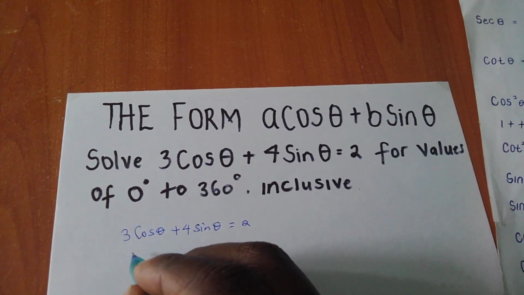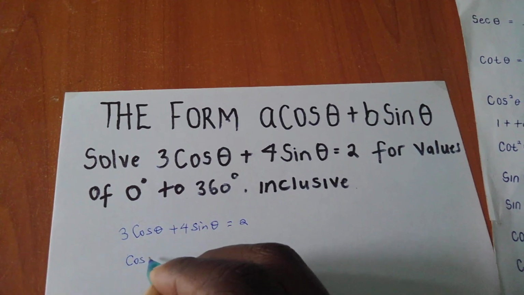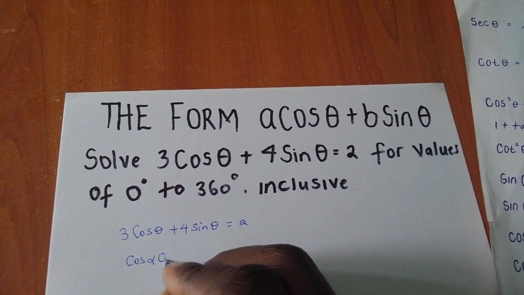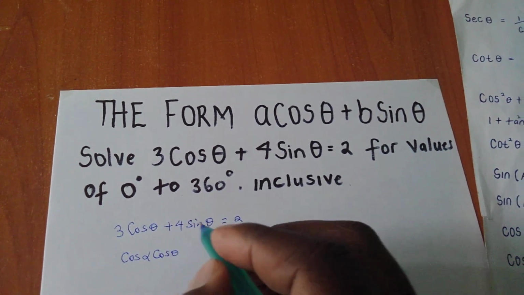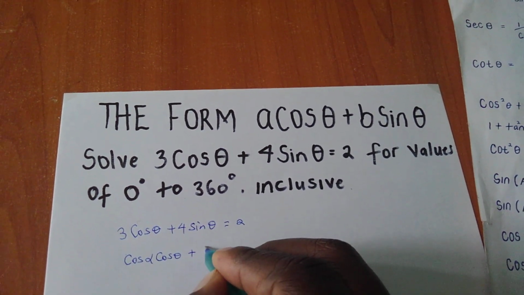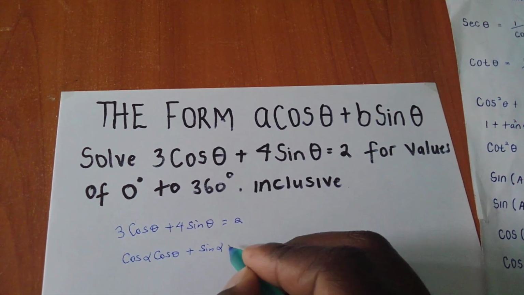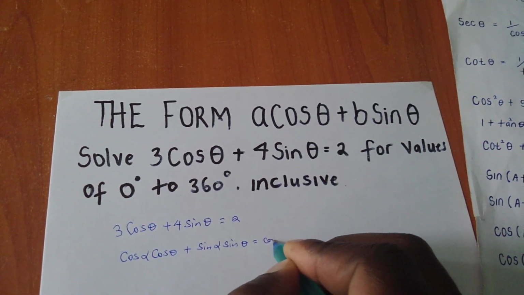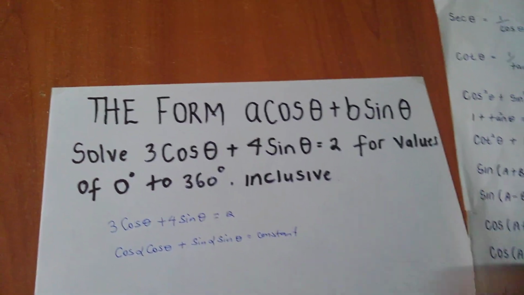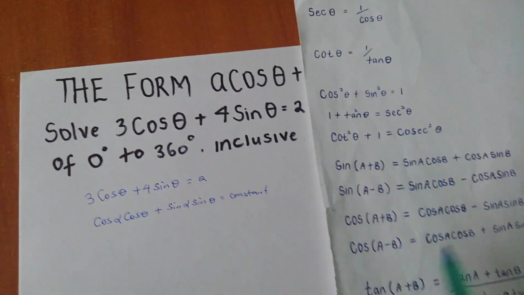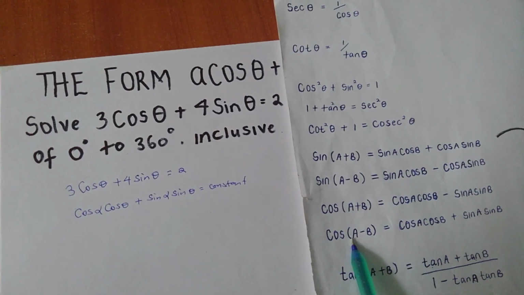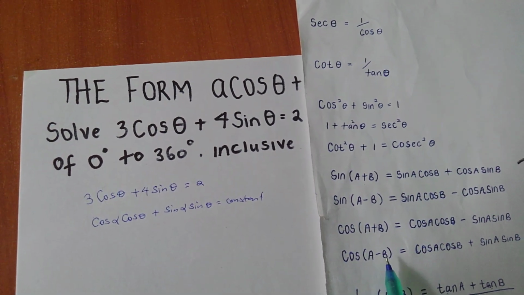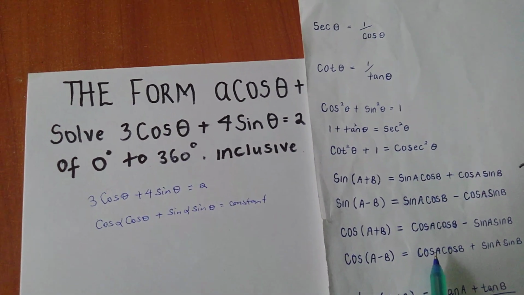I will say cos α cos θ plus sin α sin θ is equal to a constant. If you follow this very well, instead of A and B, I have α and θ is equal to a constant.